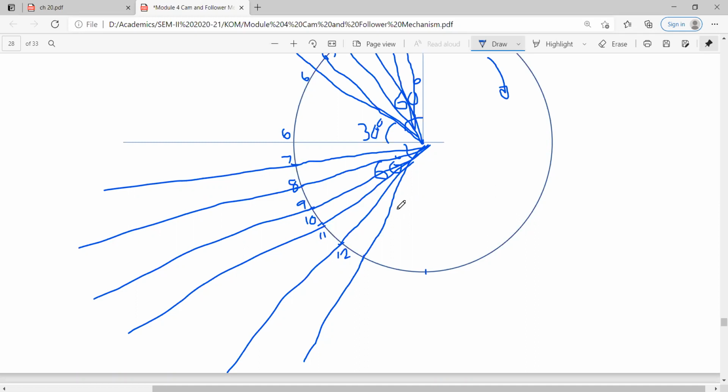It is more than 6 now. See, 8 here, 9 here, this 10 is here. So this one should be drawn. This one is 11. 11 is here and this becomes 12.